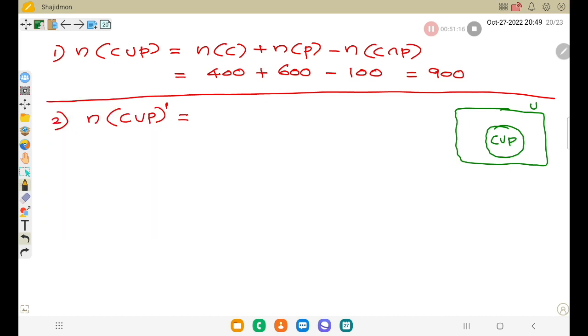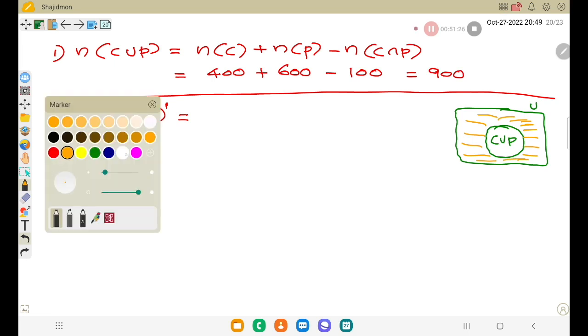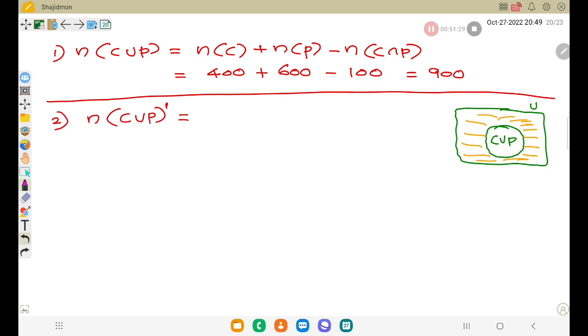Those who have not taken chemistry and physics are this shaded portion, and this is what our question asks. So we take the total number of students minus the students who took chemistry or physics.